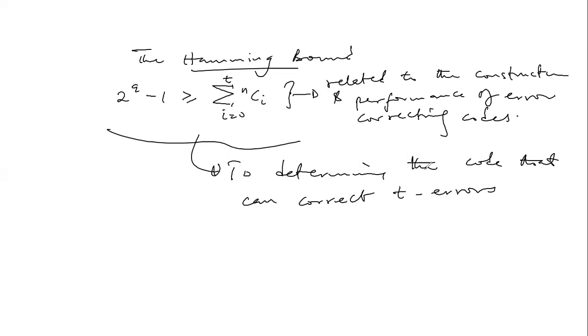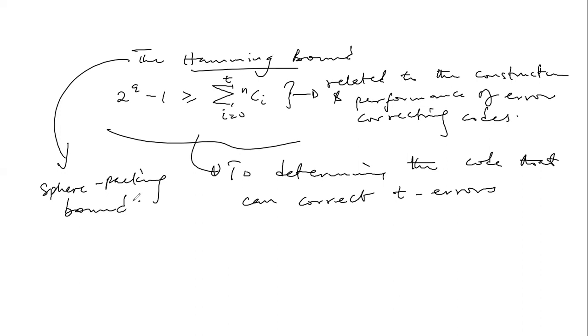So from this, we can say that the Hamming bound is often encountered when deriving the parameters of a code that satisfies the sphere packing bound. We can also call the Hamming bound the sphere packing bound.